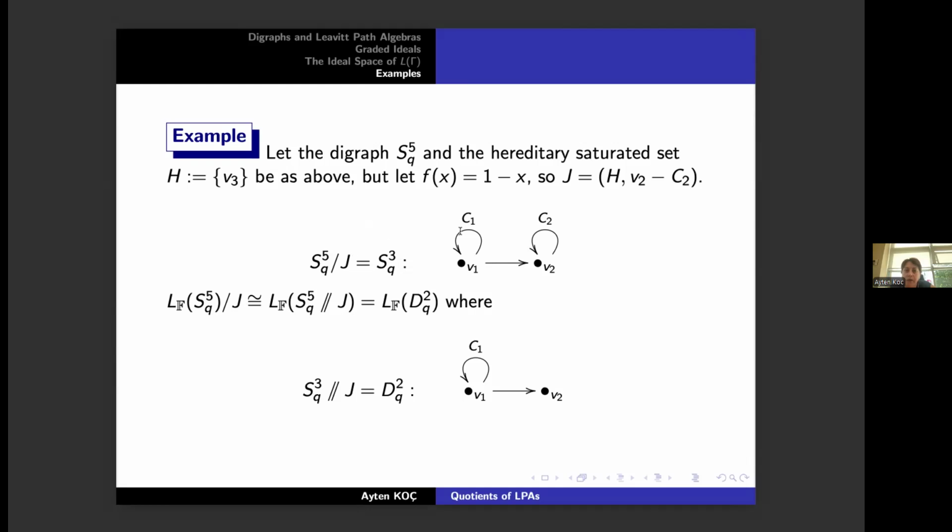So Γ/J is this digraph, and L(Γ)/J is isomorphic to L(Γ//J), and this quotient is isomorphic to the Leavitt path algebra of Γ//J, and this digraph is the Toeplitz digraph, D2.